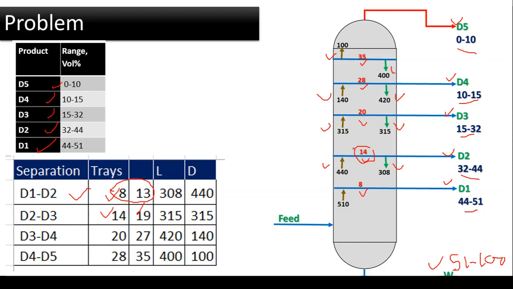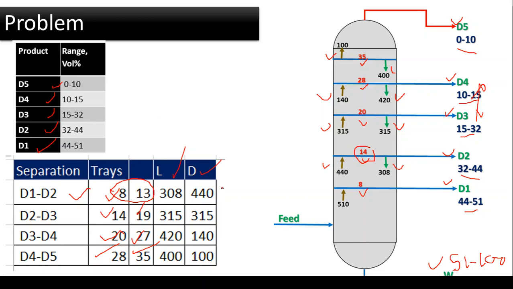I have already discussed this in the previous video. For the separation between D3 and D4, the possibility is 28 to 27, and for the top one we have to include both, 28 to 35. So L values are given and D values are given. This diagram is basically converted into tabular form.